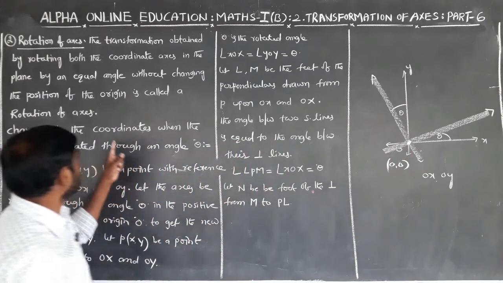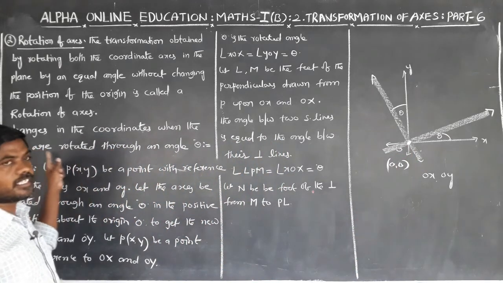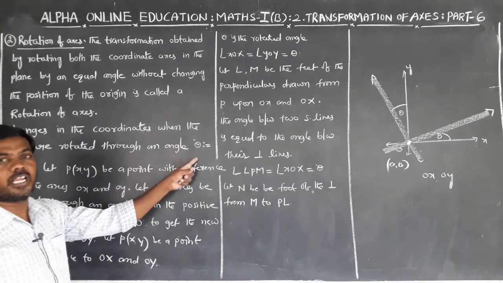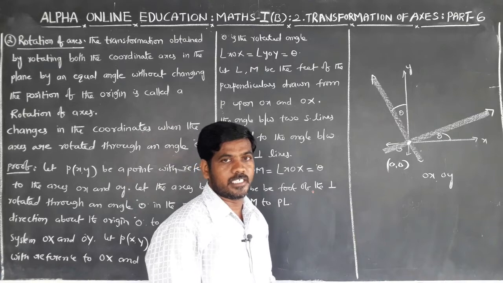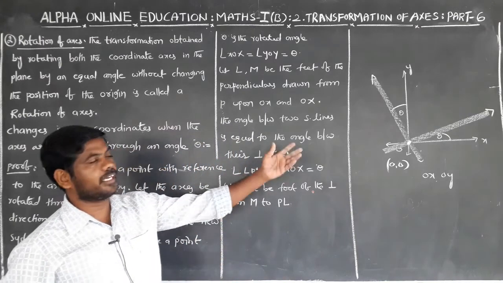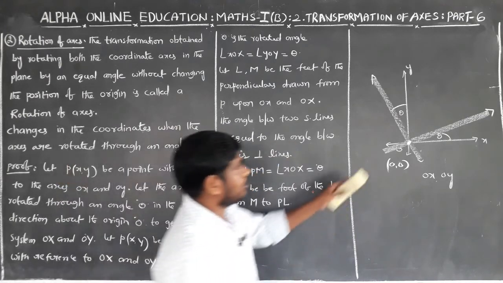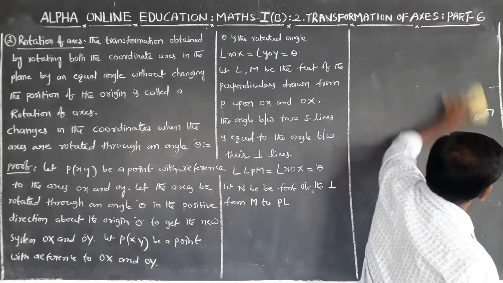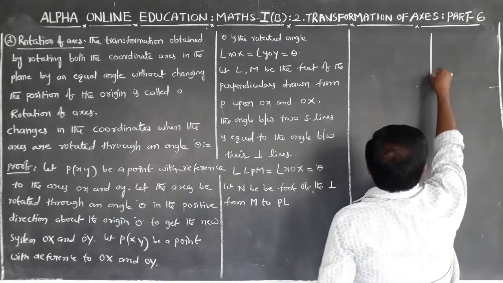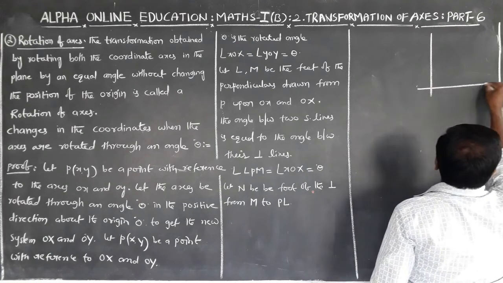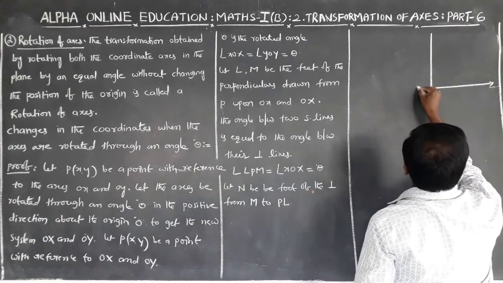Next one is changes in the coordinates when the axes are rotated through an angle theta. This is the old system or original system.